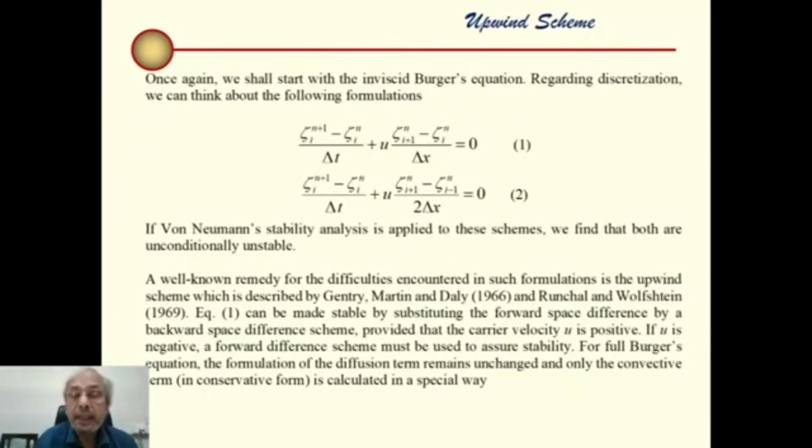Now again I will go back to Burger's equation in terms of zeta. So del zeta del t plus u del zeta del x. And now we will write two different finite difference schemes.